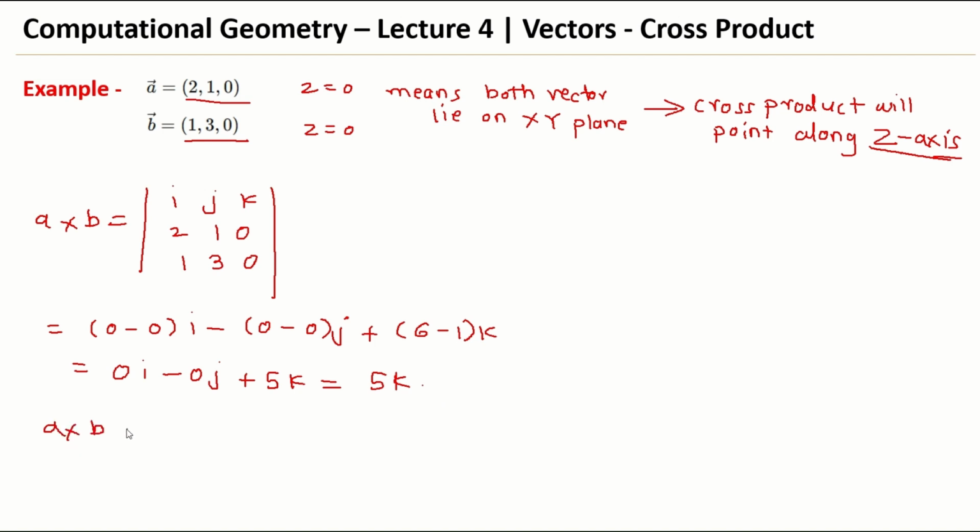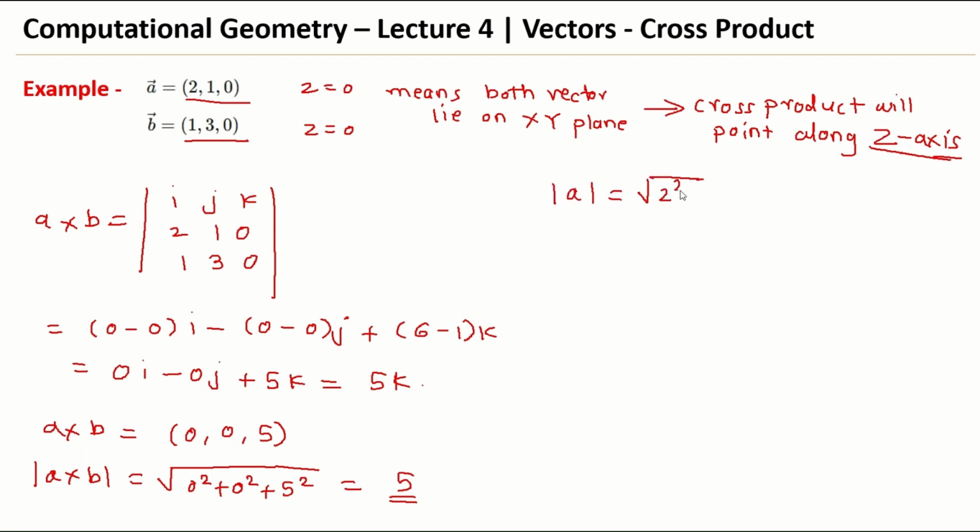So, the final cross product vector is 0, 0, 5. The magnitude of the cross product is the square root of 0 squared plus 0 squared plus 5 squared, which gives us 5. Geometrically, this magnitude represents the area of the parallelogram formed by vectors A and B.